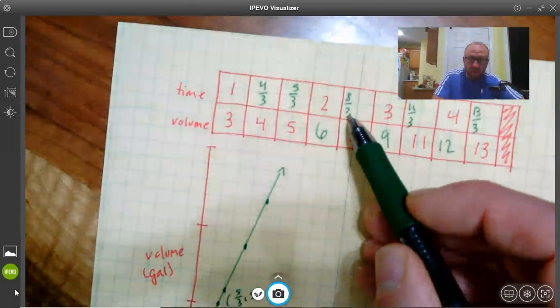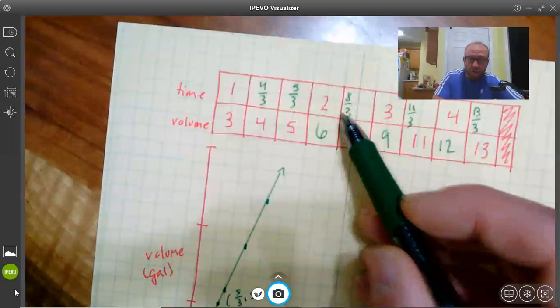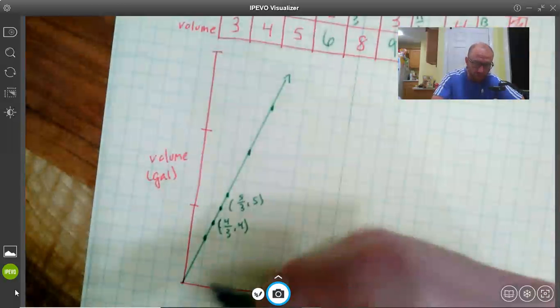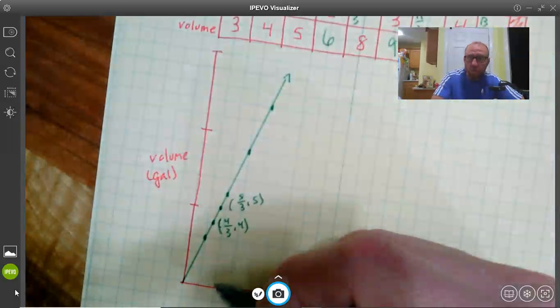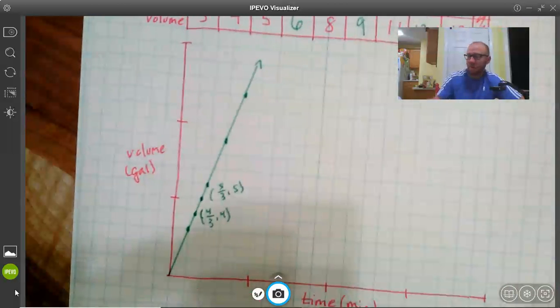And how about 8/3? So that's, let's see, 2 and 2/3. So it's 1, 2. Oh, it's awfully blurry. If I zoom up a little.